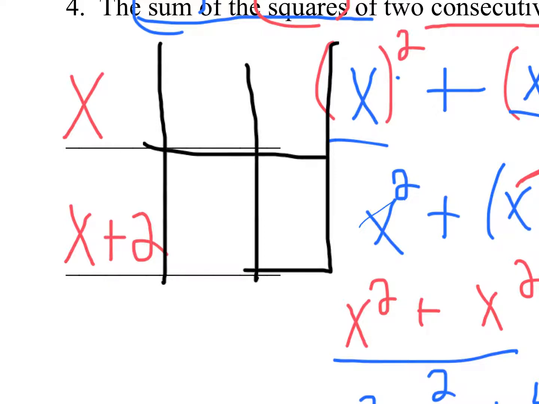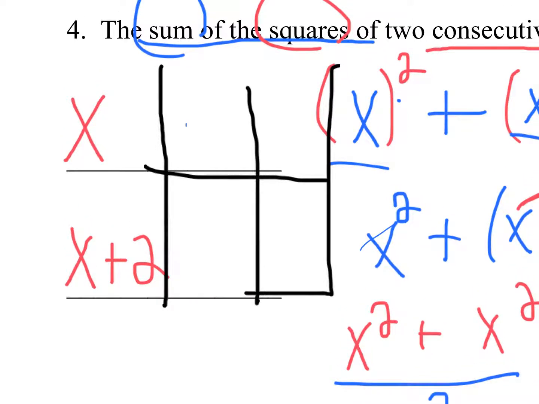So I add 2, that's going to be 14. Negative 14 plus 2 is negative 12. And there you have it. So there's that one.